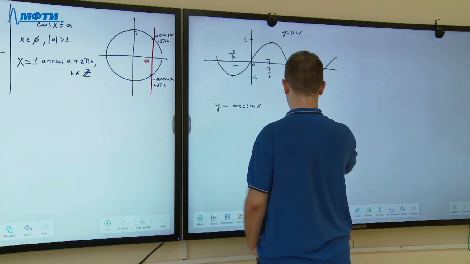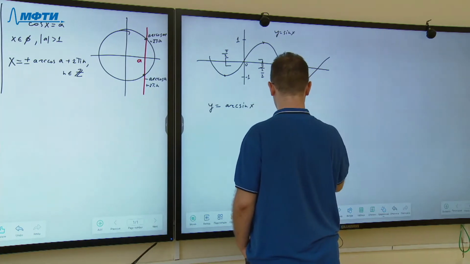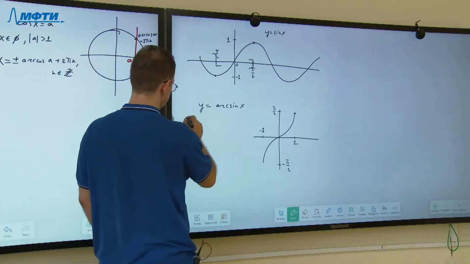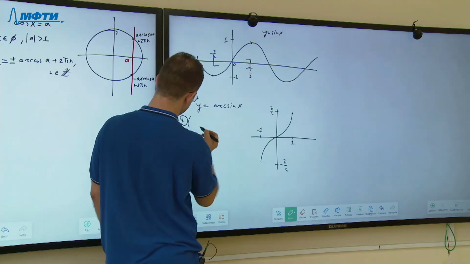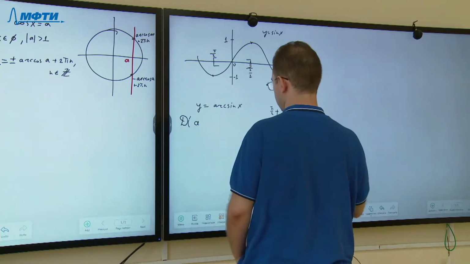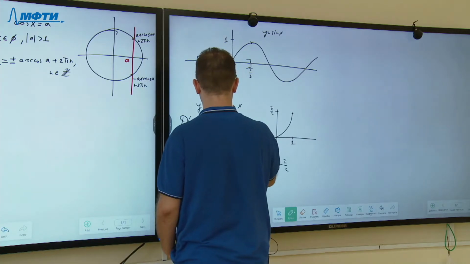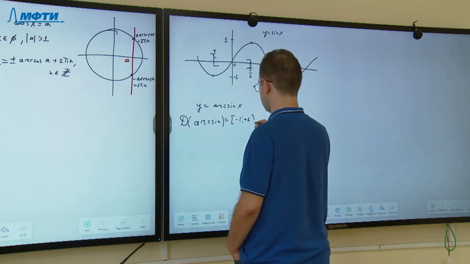So this is pi by 2, minus pi by 2, minus 1 and 1. Its domain is once again from minus 1 to plus 1.